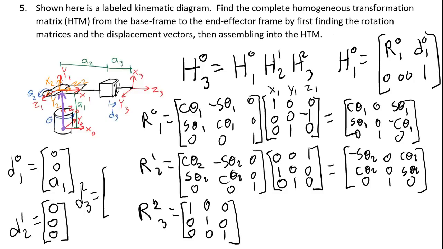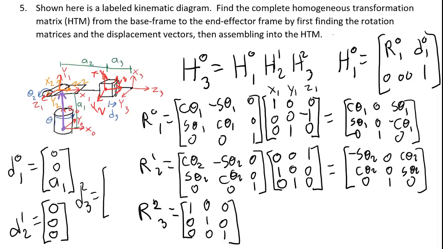As theta 2 turns, the frame 2 is also going to rotate along with it. Remember that frame 2 is the frame that was originally located right on the center of this joint. In other words, Z2, X2, and Y2 were originally in this location.